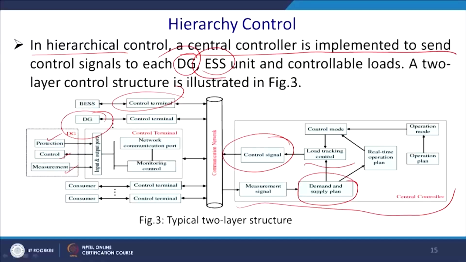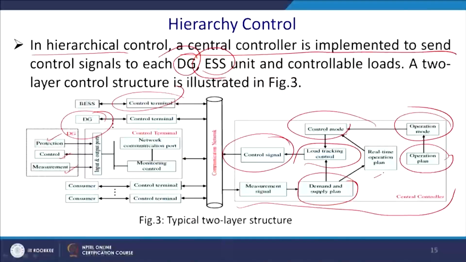Now, there is a load tracking control, that means it will actually say how much load is to be fed. Then there is a real time operation plan, and there is an operation plan in general that has been prefixed. So, you define the operation mode from that point of time, then you get a control mode, but it can be overridden by the real time operation plan.